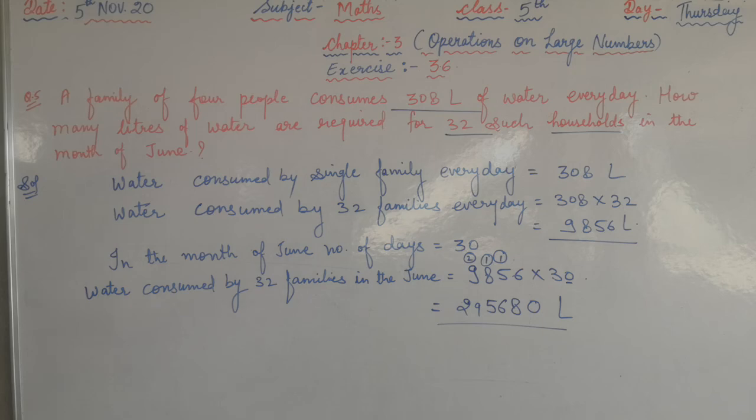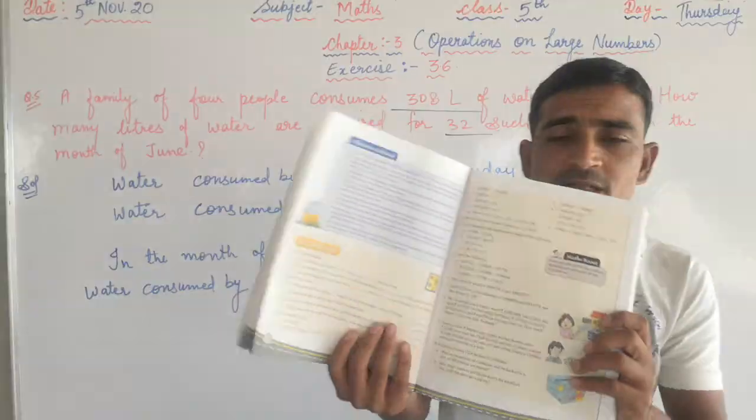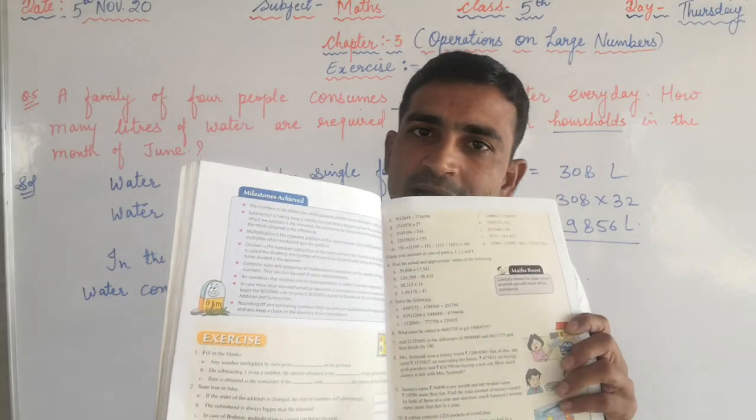So your exercise is completed. Exercise number 3.6 is completed. Okay, now see the next exercise on page number 50. This exercise you have to do by yourself.